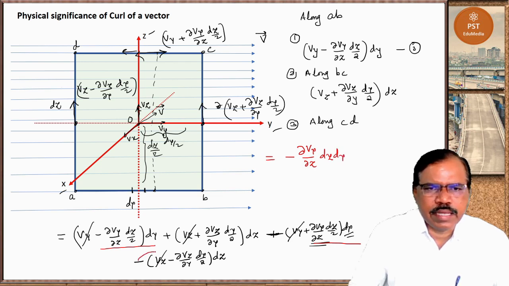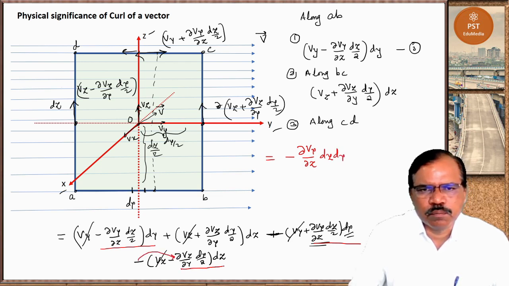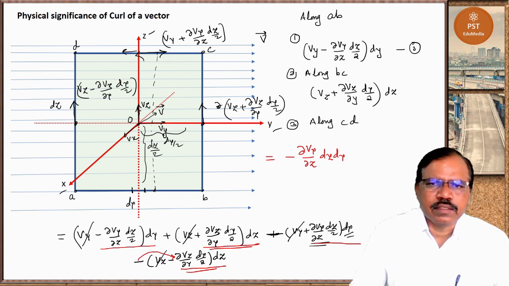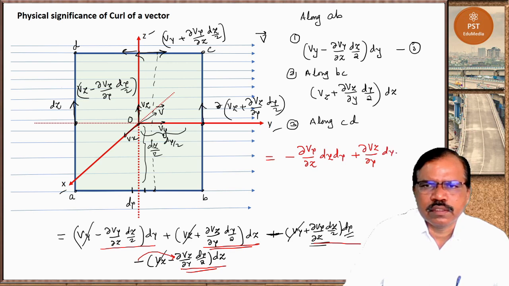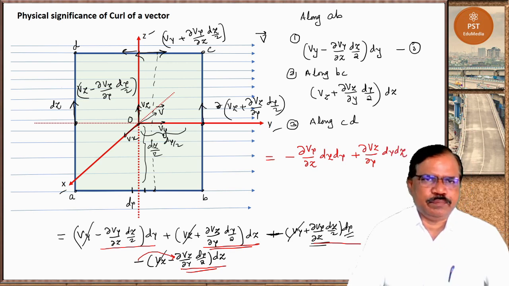And this minus minus will be plus from this and from this, you will get plus ∂Vz/∂y into dy/2 into dz, dy/2 into dz. So we will get dy into dz.